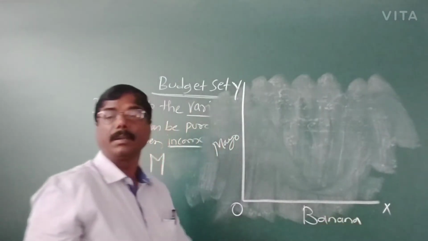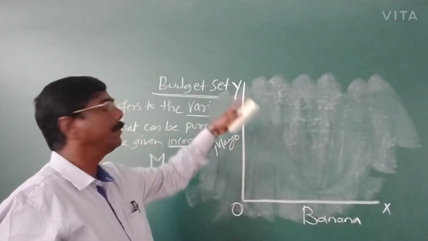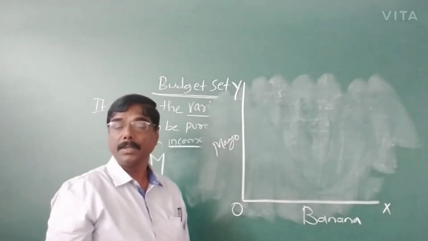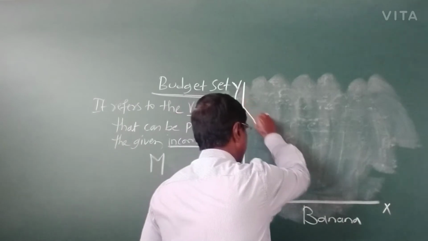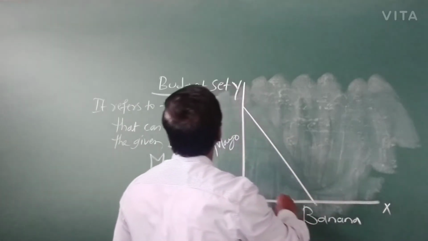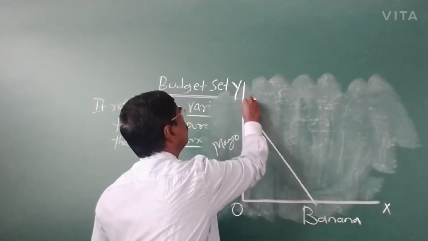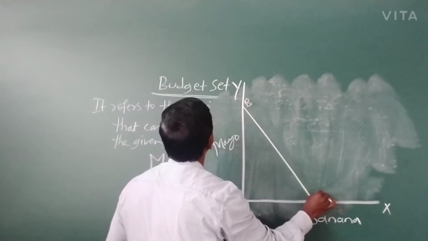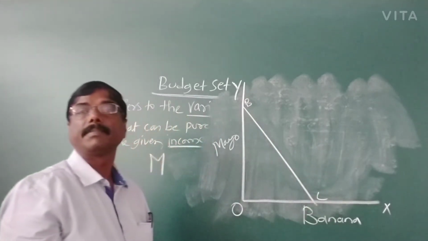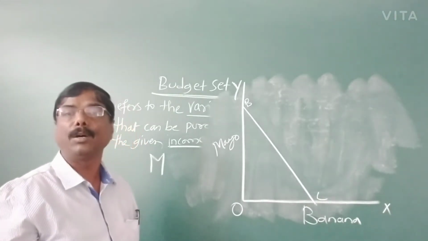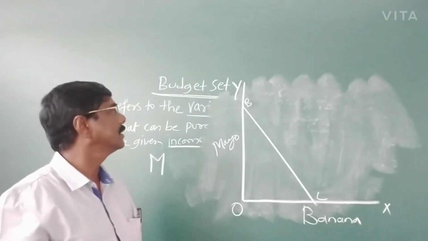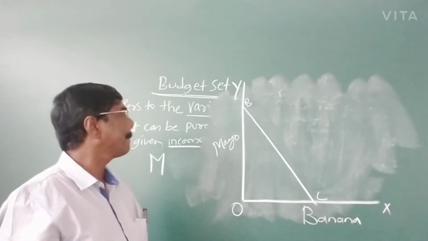Here BL is the income line or budget line.